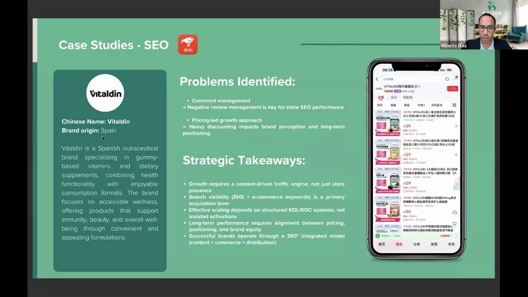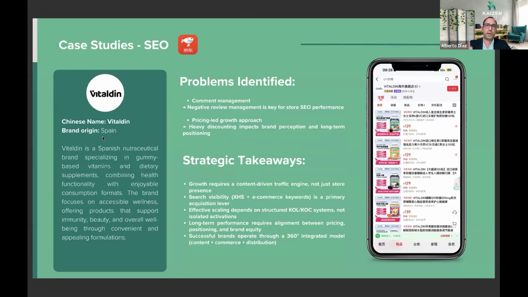Second would be SEO. Again, at some point, this brand in the beginning had very different prices because the stocks were running out of shelf life, and there was a very low price on some SKUs that, of course, increased the liquidation of those stocks but distorted the brand image.